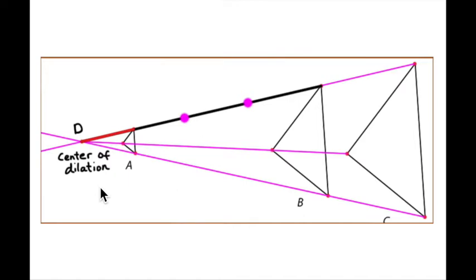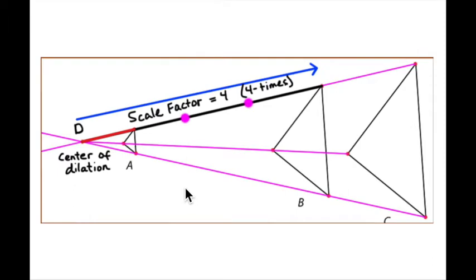Now they ask, if you reverse it, if you take B to A, what's the scale factor? Well, always, if you have a scale factor going in one direction, if you reverse that direction and dilate the image in the opposite direction, it's always going to be the reciprocal of the scale factor. So scale factor equals 4, it's 4 times.